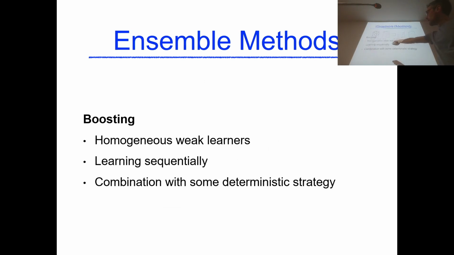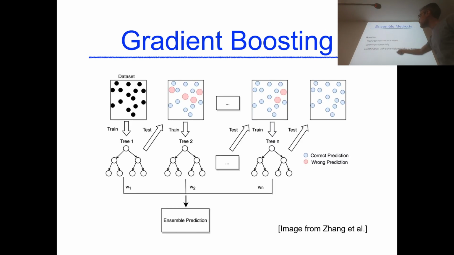Let's see how a boosting ensemble method may work. You have your first dataset, you train a tree, okay, and then you test the tree. Then you train a second tree, for instance, only on a subset of the dataset, or on the original dataset augmented with the output from the first decision tree, okay?